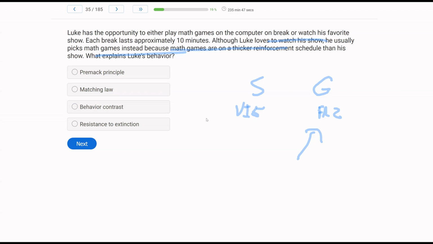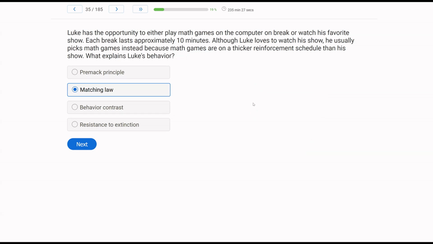Behavior contrast says behavior is going to change in one environment if the schedule changes in another environment. We're not talking about behaviors across different environments here. And then resistance to extinction, since we're not discussing extinction, D obviously is not associated with this situation. What explains Luke's behavior is this idea of matching law. Luke's behavior is going where the reinforcement is, which happens to be the math games.